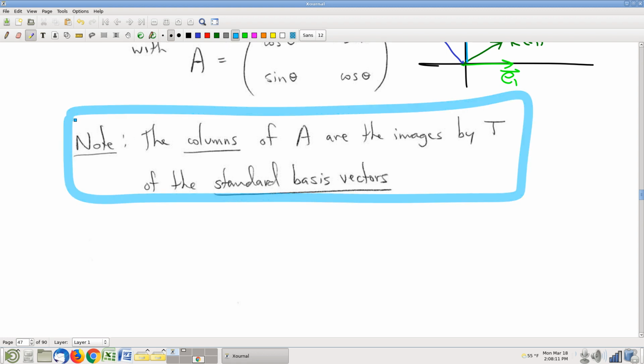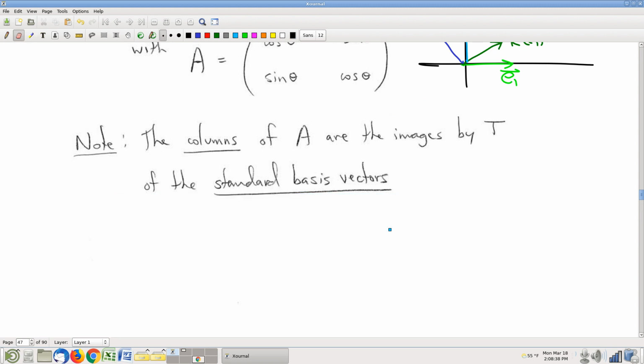The columns are the images of the standard basis vectors. So please drill that into your heads. Make sure that you're really, really crisply comfortable with that. This is useful in a lot of different ways. If you have a matrix given to you, the columns of that matrix are the images of the corresponding standard basis vectors. So you can interpret this in a lot of different contexts.